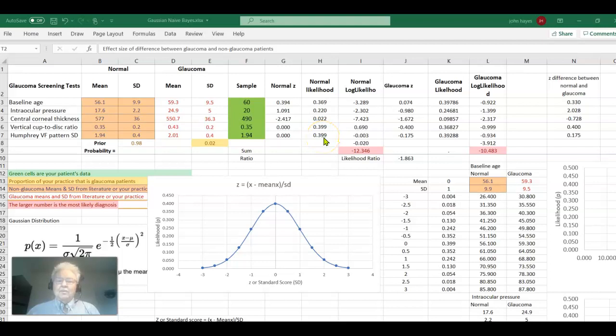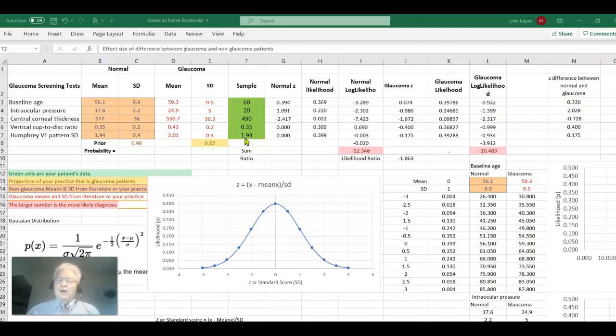That's how this works. We're going to come up with a number, and after we've multiplied in both cases, we'll see which one is more likely. Are you more likely to get this set of numbers if you're normal or non-glaucomatous, or if you have glaucoma?